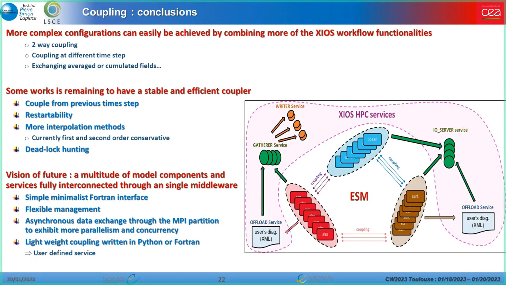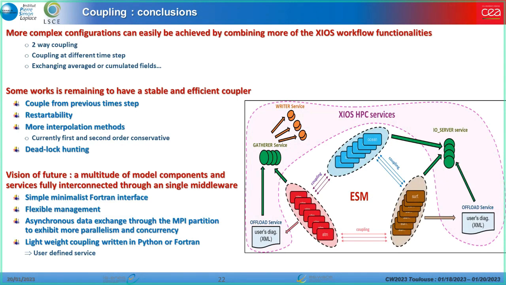For example, we need to couple for different time steps, not very difficult. You need to manage the restartability of the coupler, probably implement more interpolation methods, and be sure that your model is very stable, and the worst enemy is the deadlock.